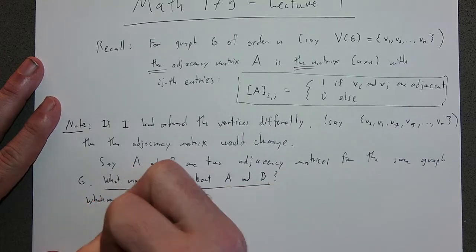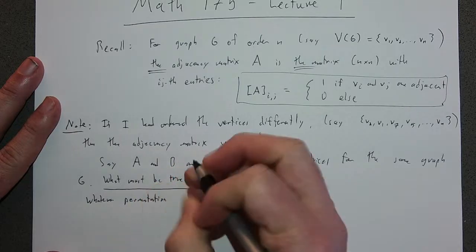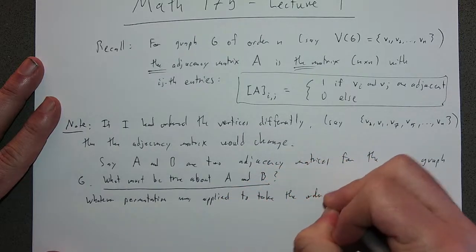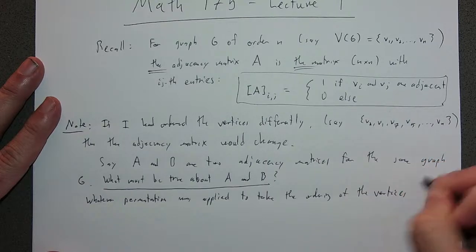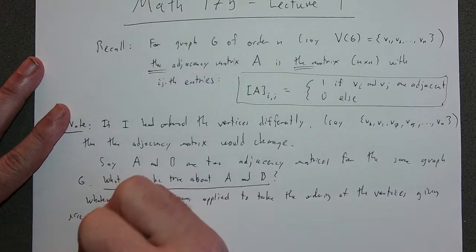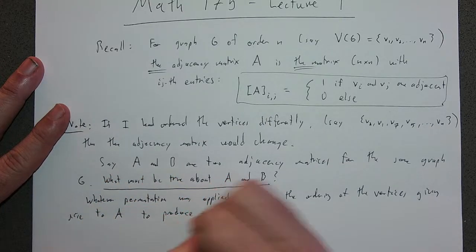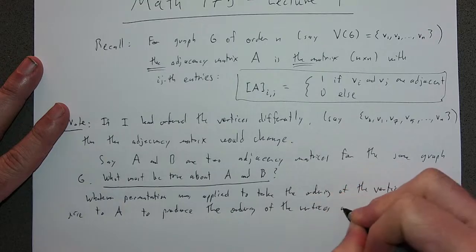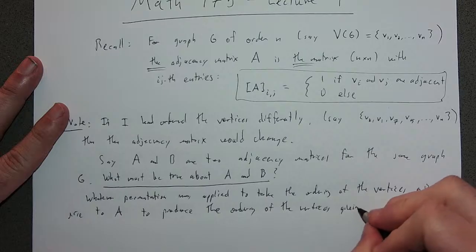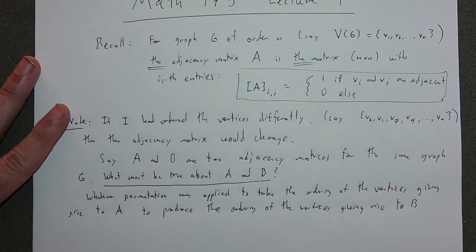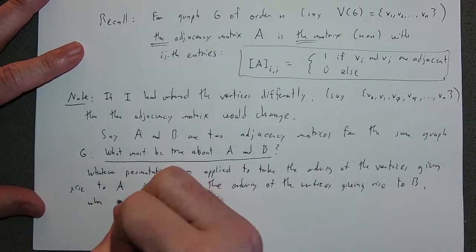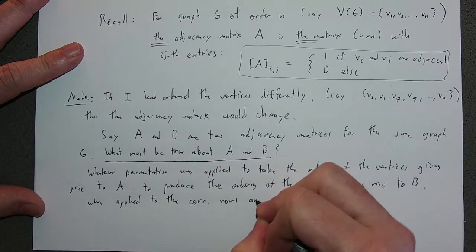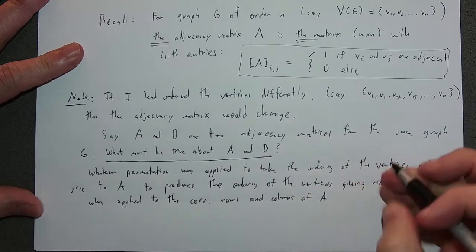Whatever permutation was applied to take the ordering of the vertices giving rise to A to produce the ordering of the vertices giving rise to B, when applied to the corresponding rows and columns of A must produce B.